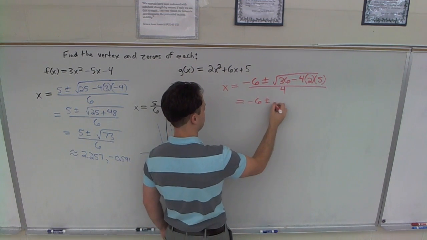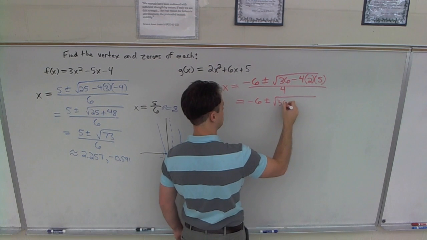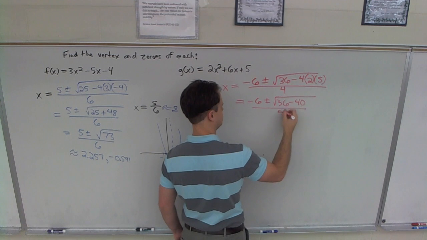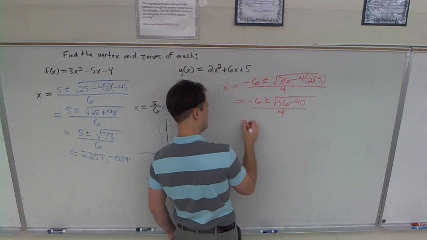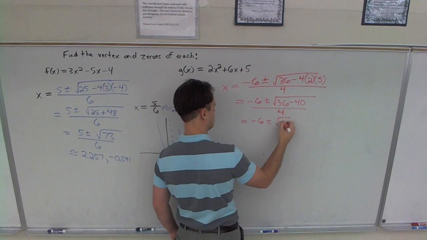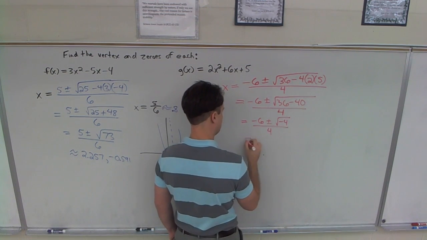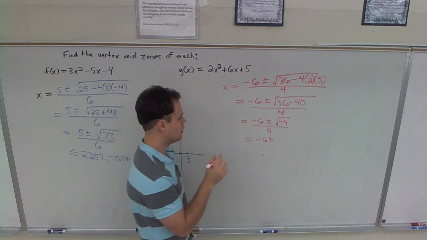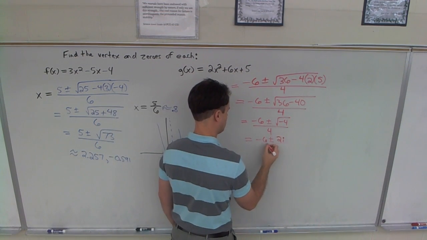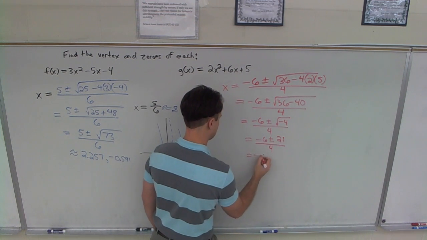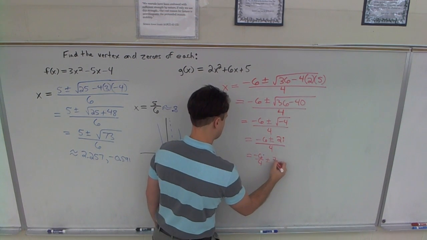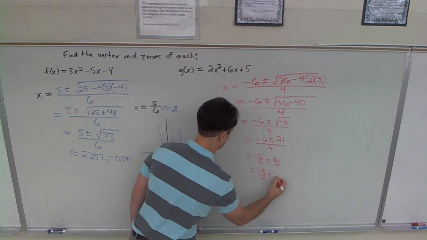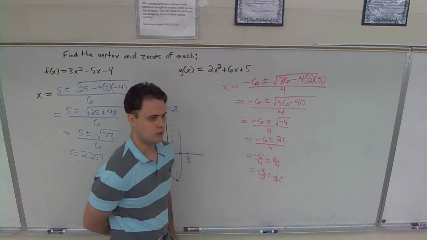So we should have that. 1 minus is minus. 8 times 5 is 40. So this is going to be -6 plus or minus the square root of -4, which is -6 plus or minus, what's the square root of -4? 2i. So this is -6/4 plus or minus 2i over 4, which is -3/2 plus or minus 1/2 i. That's how you'd write that.